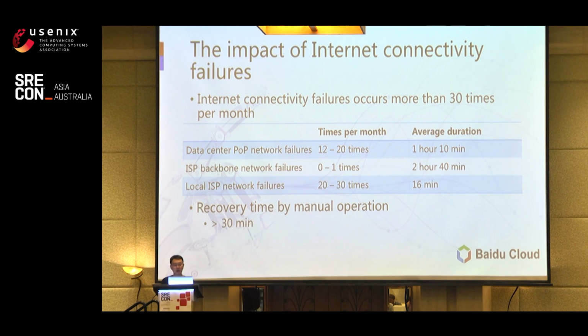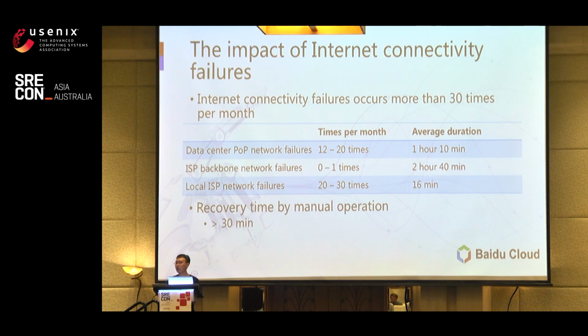Okay, let's look at the impact of these network failures. The data center POP network failures occur 12 to 20 times a month, with an average duration of more than 1 hour. The ISP backbone network failures occur infrequently.